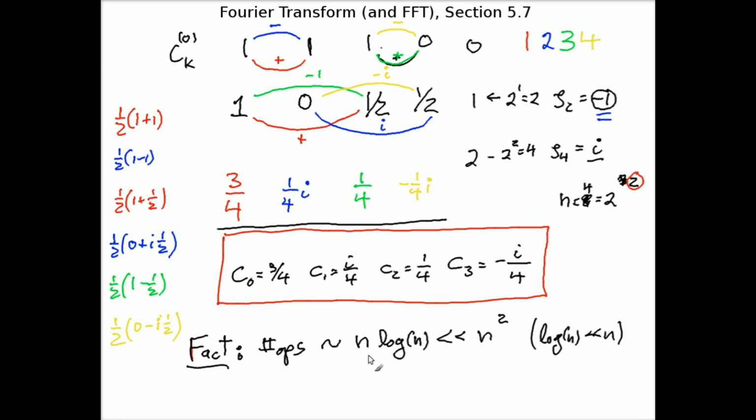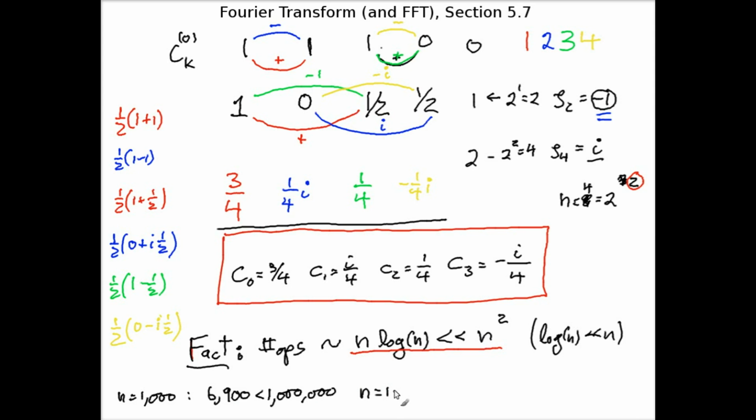So just to give you the idea, let's look at this number here. When n is equal to 1,000, I'm saying that this side is approximately 6,900 compared to 1 million. So you can compute the Fourier transform in about 7,000 steps instead of a million.